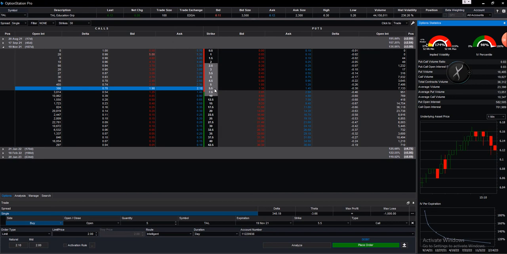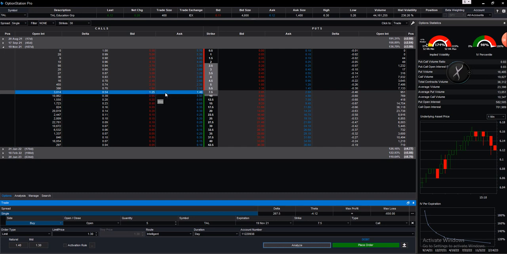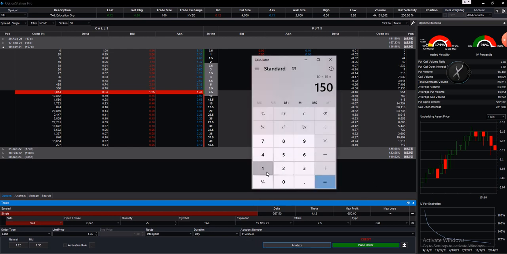Now, if we're looking for a $3 spread or $2.50 spread, we are able to buy this contract here at say 130, 135. Let's say 130 times 25 shares, 3250.